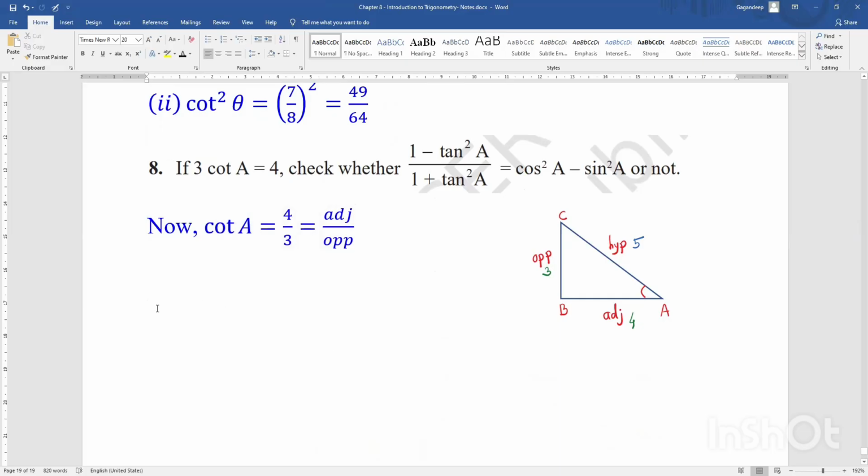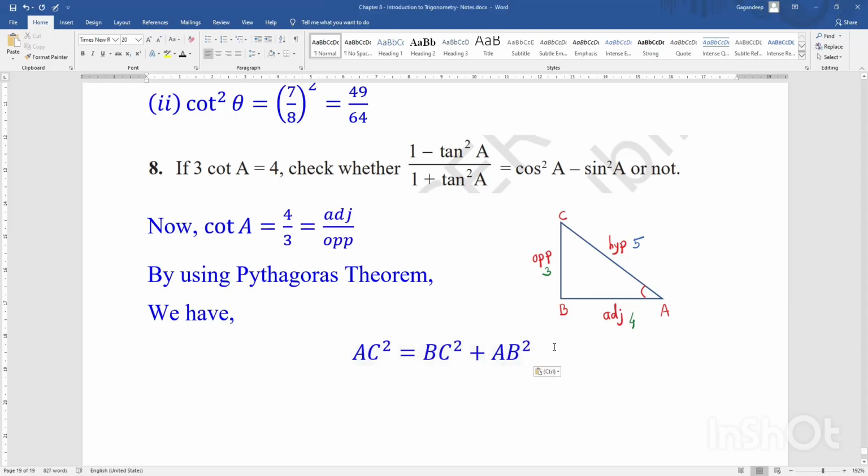Now by using Pythagoras theorem, we have AC square is equal to BC square plus AB square.